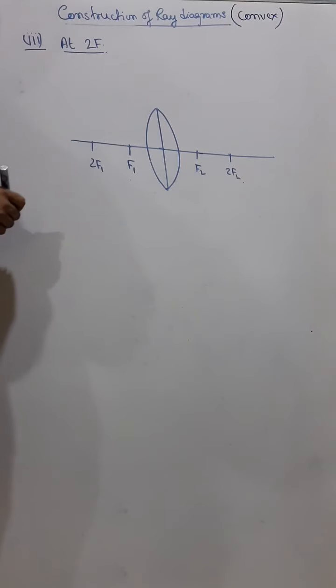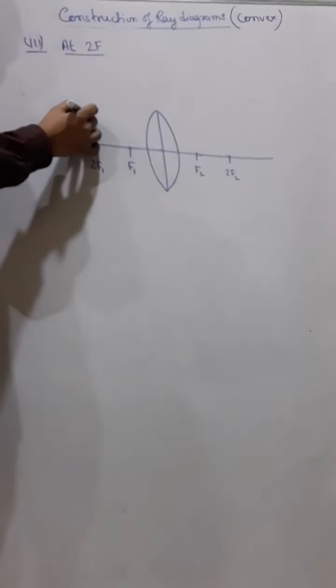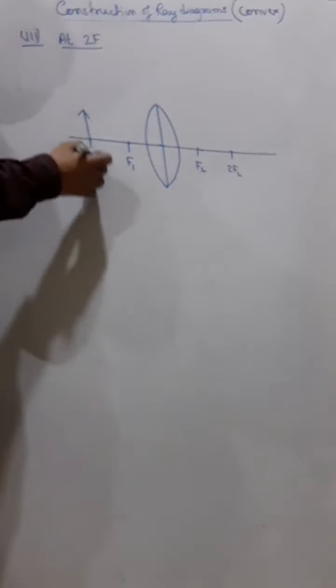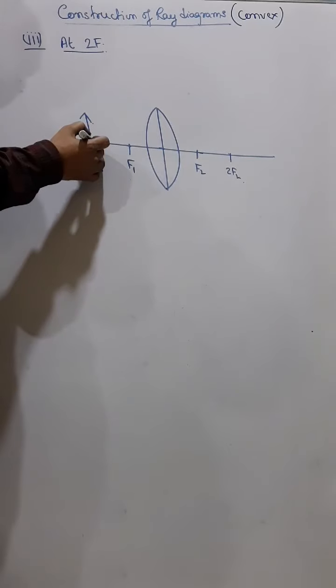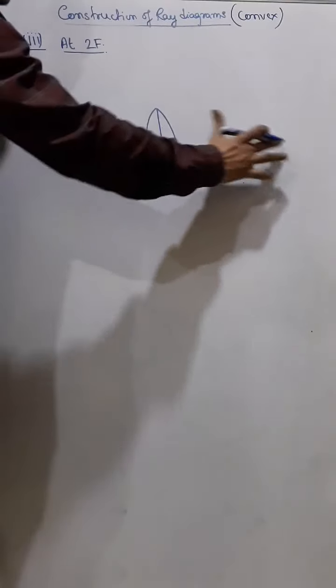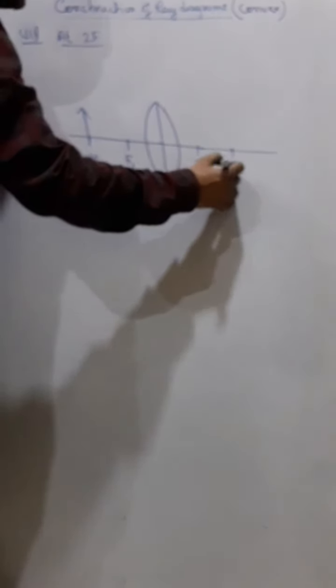Now the object is at 2f. You remember that when the object is at 2f, the image will also be at 2f. So you should draw it accurately, otherwise you may have some problem, and if you do, at the last you should adjust that point.